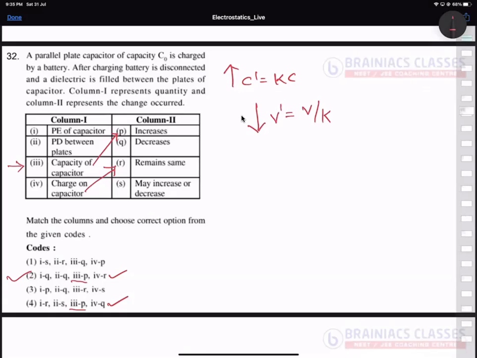Capacitance increases, and charge on the capacitor remains the same as the previous one.